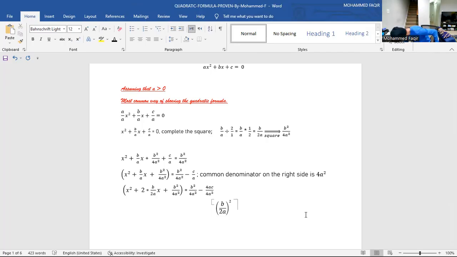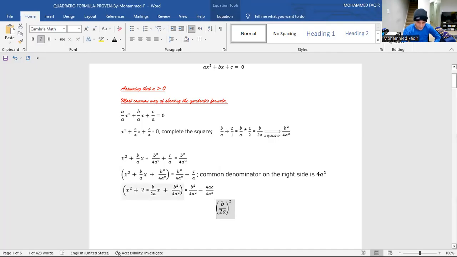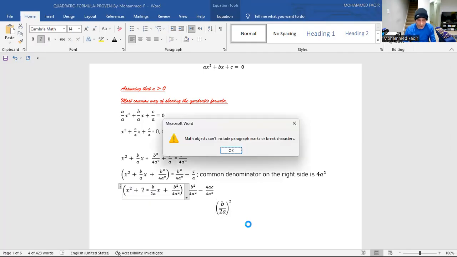I'm going a little by little so everything can be as clear as possible. So now I did this transformation to show you what I'm gonna do. I'm gonna take all this with the parentheses and everything, and I'm gonna put it instead of that. I cannot.